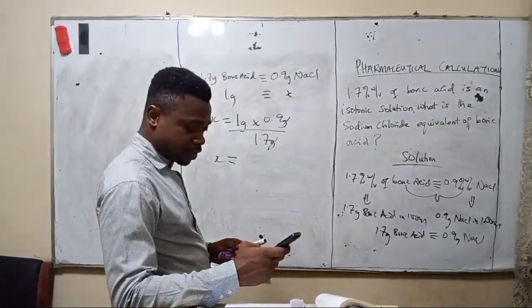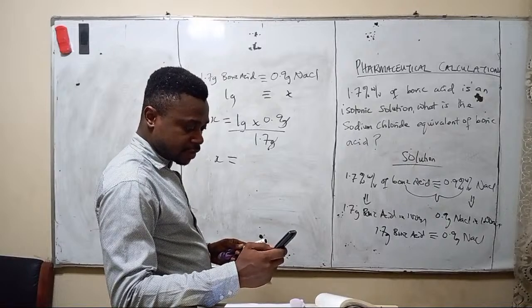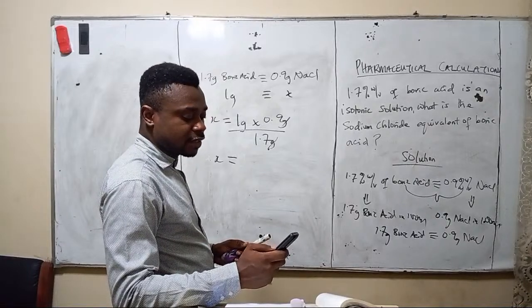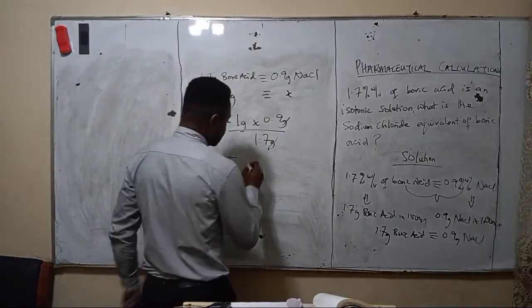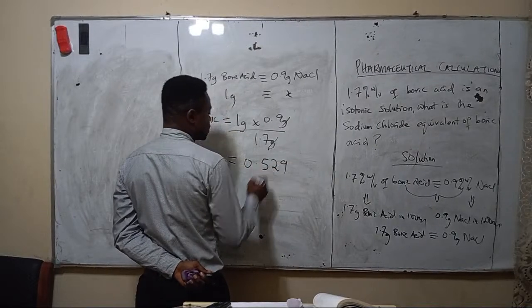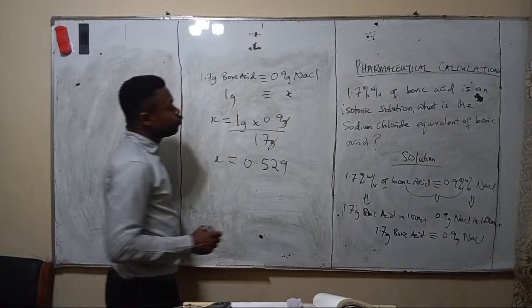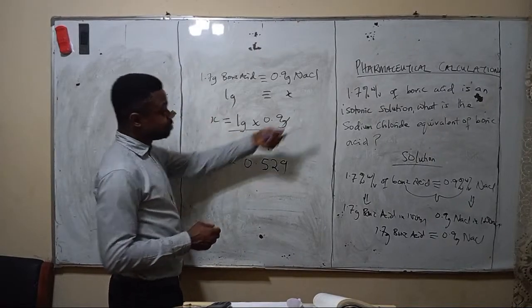So 0.9 divided by 1.7 gives 0.529. So the sodium chloride equivalent of boric acid based on this question is 0.529.